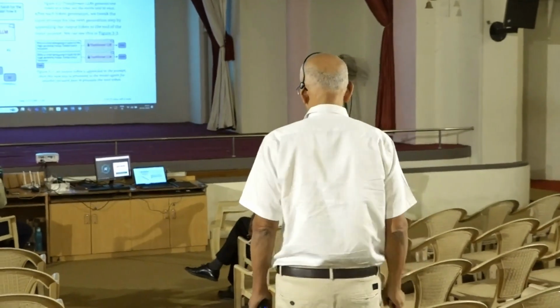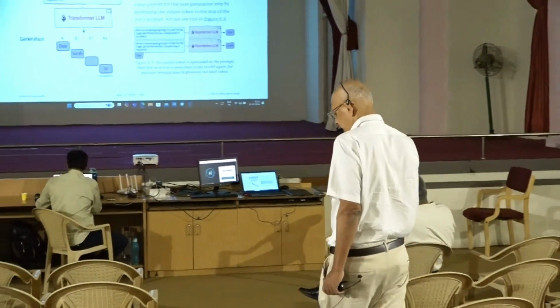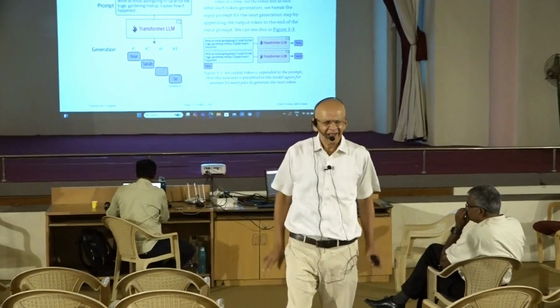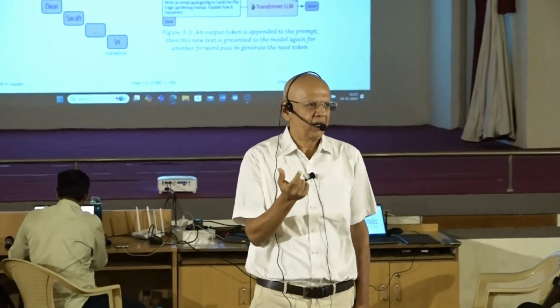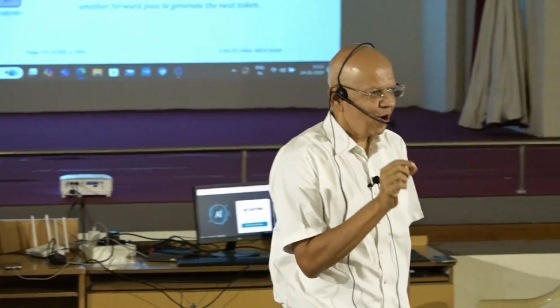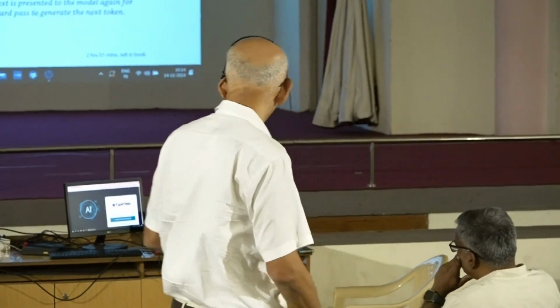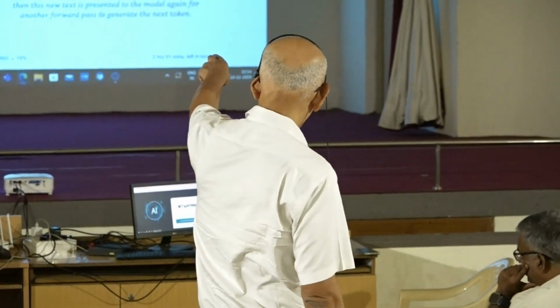Okay, so what it depicts, I'll talk about this term. It's a very simple concept. It depicts what is called in transformers auto-regressive generation. Now, let's understand what this means. The way it is proceeding to generate: first the sentence was given, and what did the transformer do? It generated one word called dear.